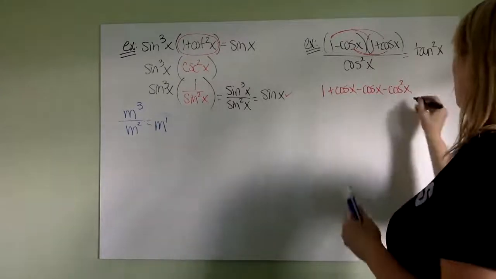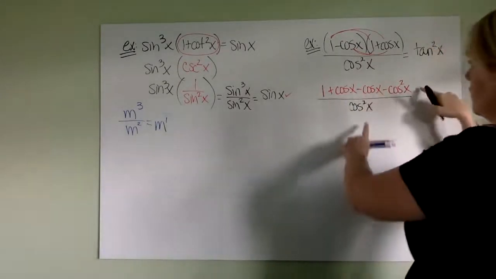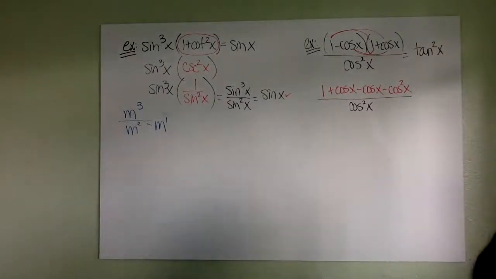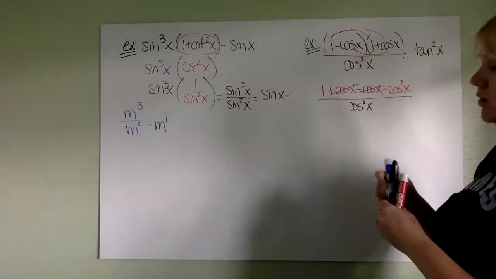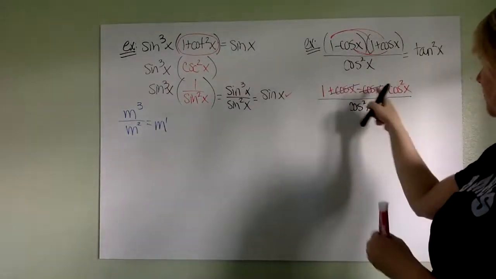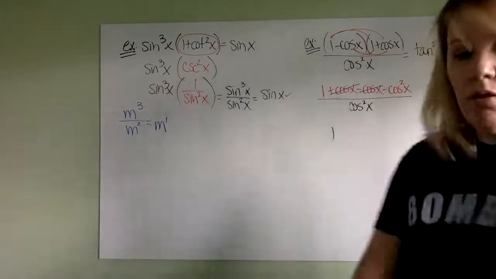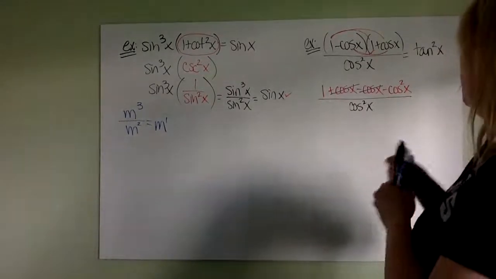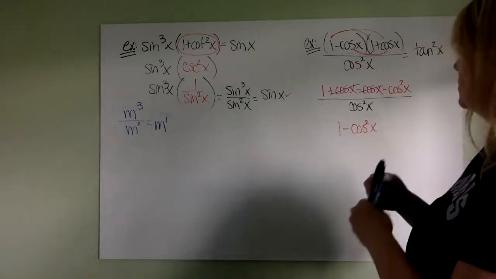Now, lots of temptation to cancel out these cosine squareds. You cannot cancel out those cosine squareds. You can, however, cancel the cosine there in the middle because they simplify. I don't want red. So now I have 1 minus cosine squared over cosine squared.